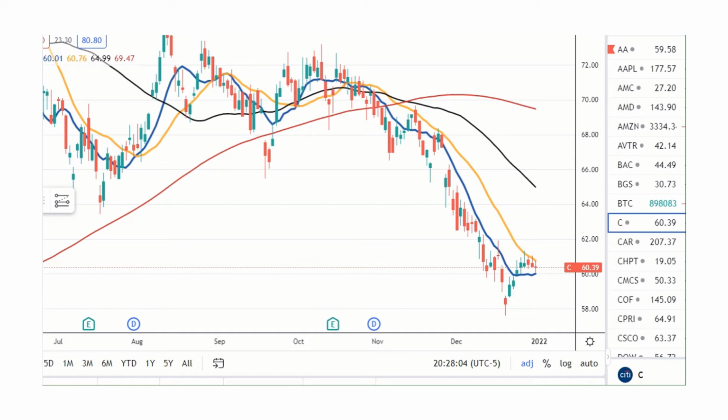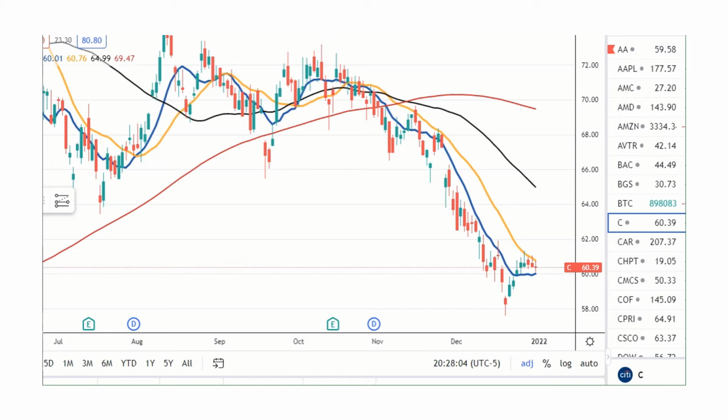Okay, so let's begin with what is options trading. Well, options trading, let's go to the platform. Options trading is basically you betting whether the stock that you are interested in is going to be going up or down.